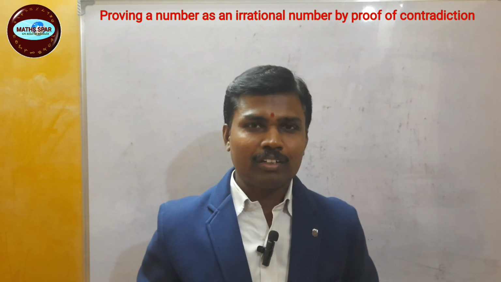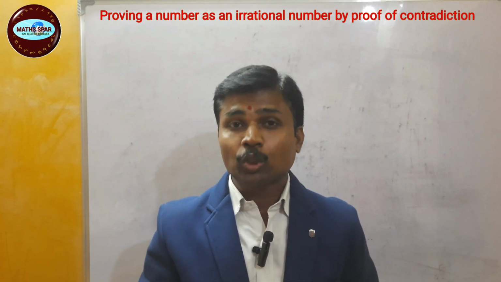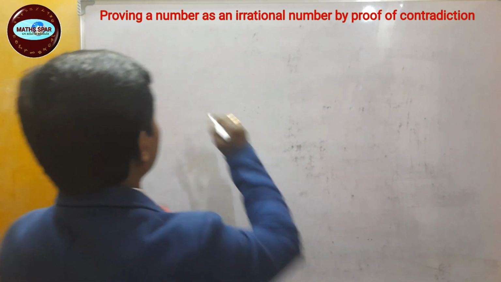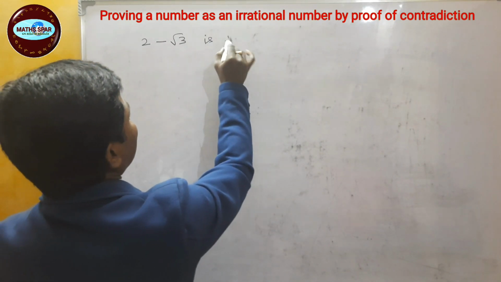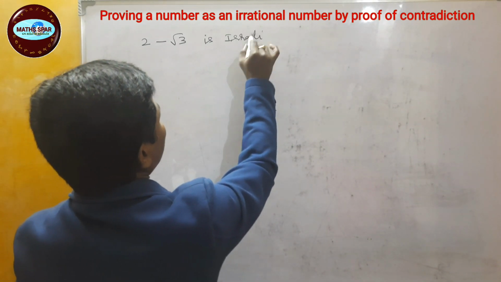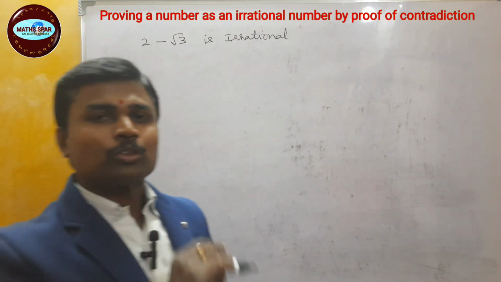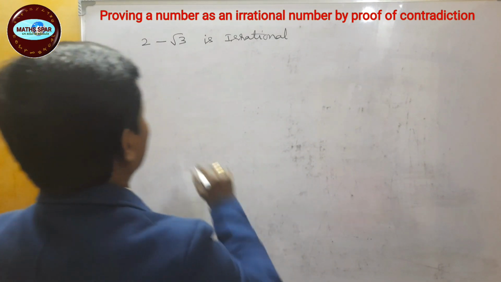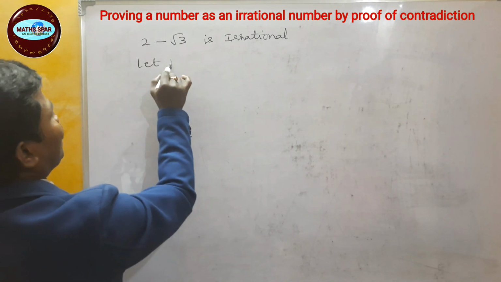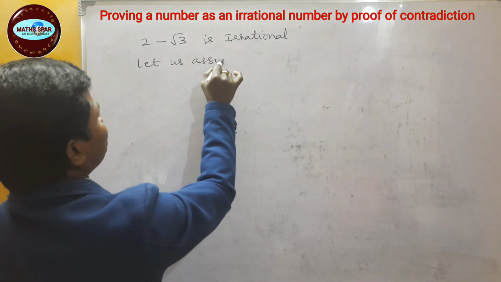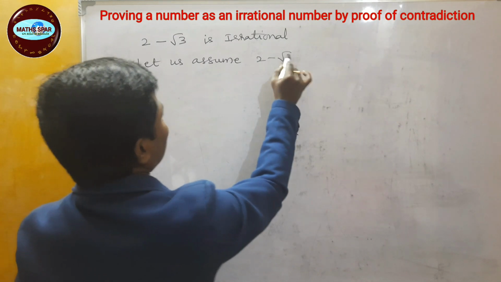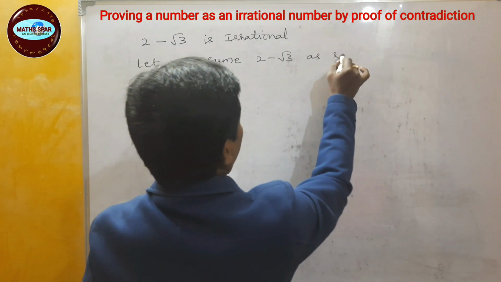What if another type of number is to be shown as irrational? 2 minus root 3 is irrational. How to show that 2 minus root 3 is irrational? Let us assume 2 minus root 3 as rational first.